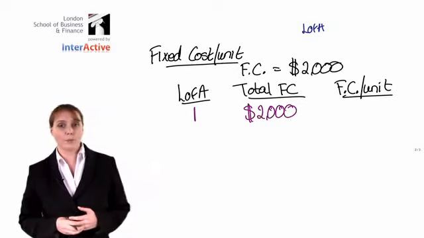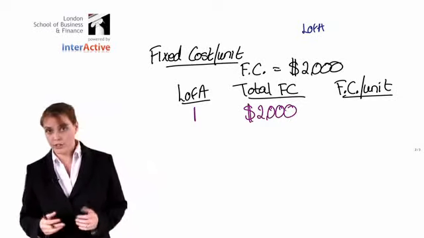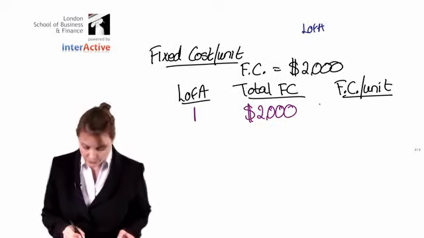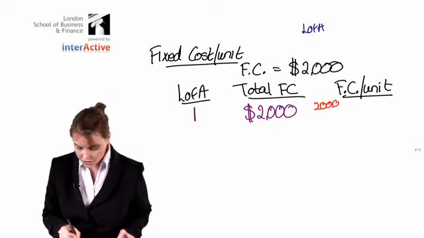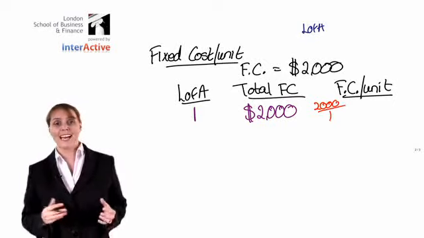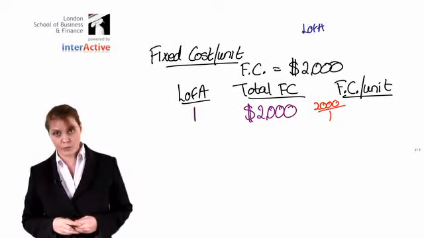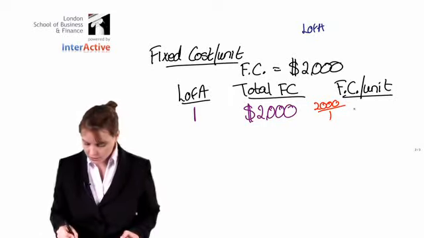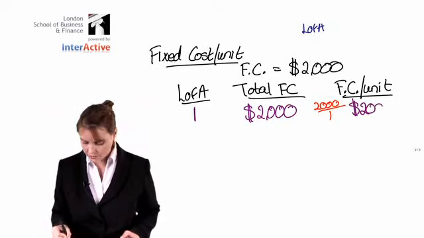What will our fixed cost per unit be? Very straightforward calculation. To work out our fixed cost per unit, we can just take our total fixed costs and divide by the number of units we've produced. So our fixed cost per unit is 2,000.